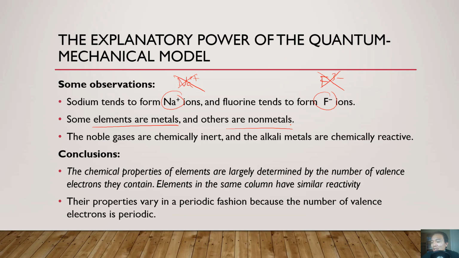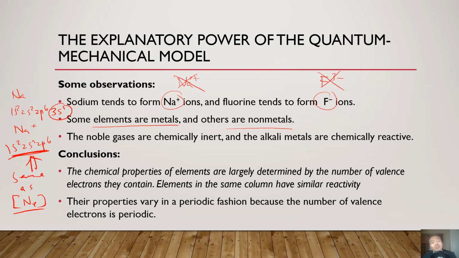Sodium has 1s2 2s2 2p6 3s1. When you lose this electron, it becomes 1s2 2s2 2p6. That's the same as neon, a noble gas configuration. That's why it wants to lose 1 electron, because if it loses 2, it would be different from a noble gas electronic configuration.